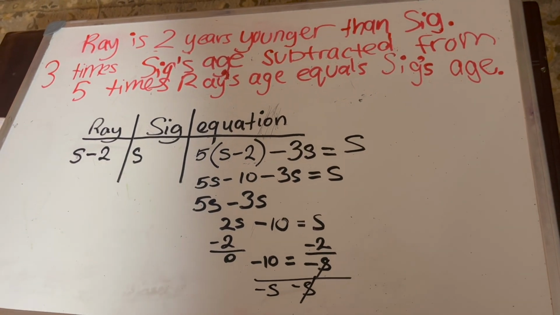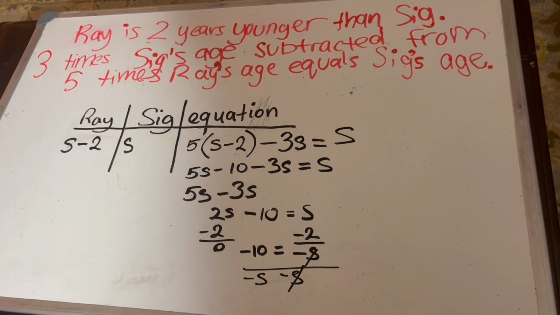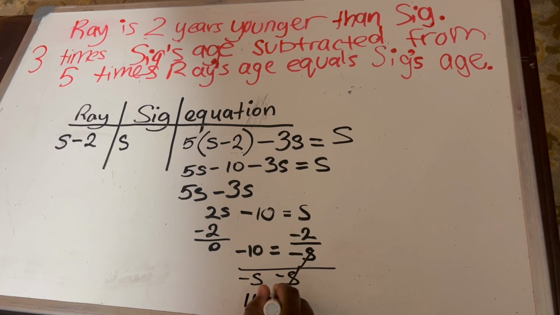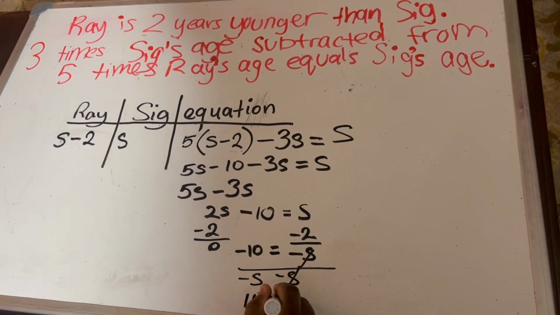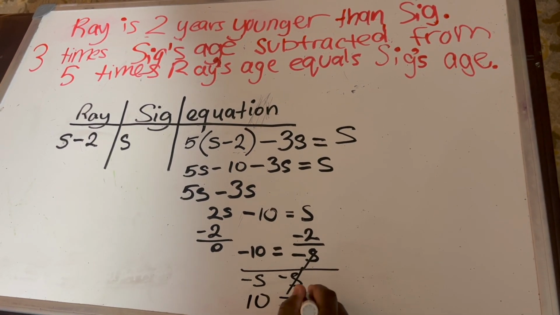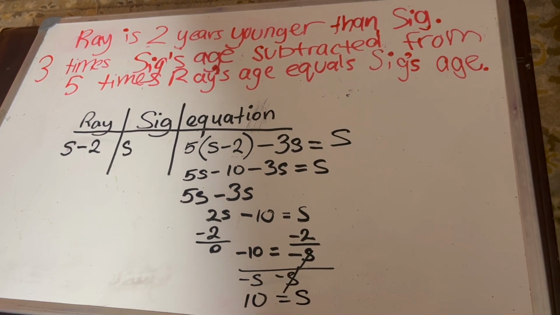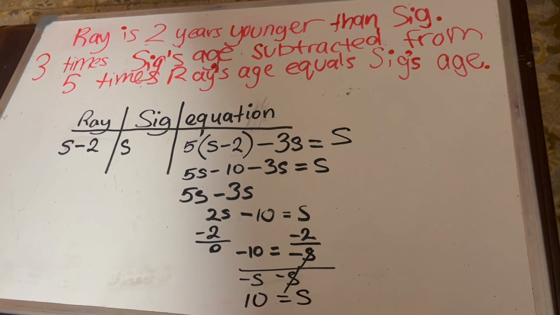Positive. Right. So that would be positive 10 is equal to s, or Sig's age. Now, we know that Sig is 10, but we can't forget Ray.